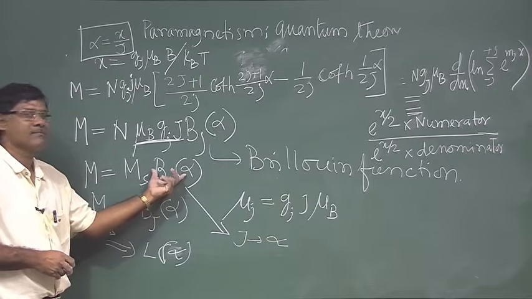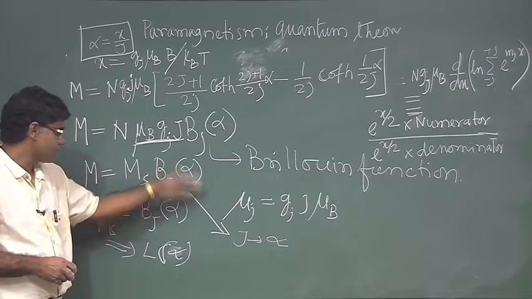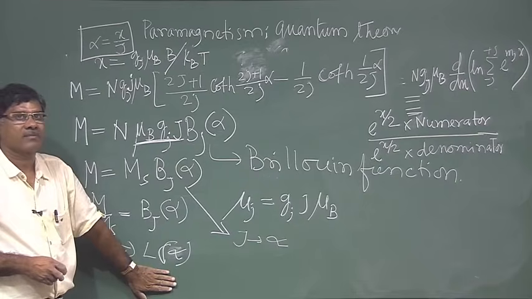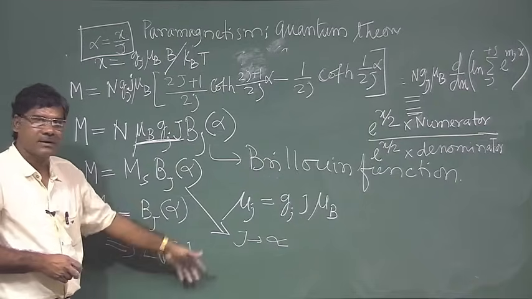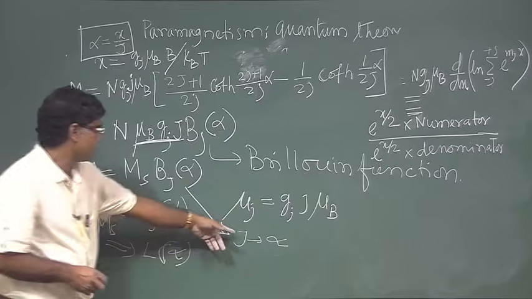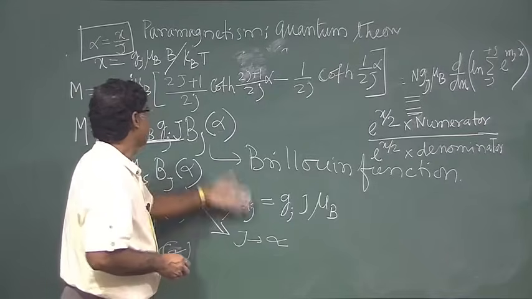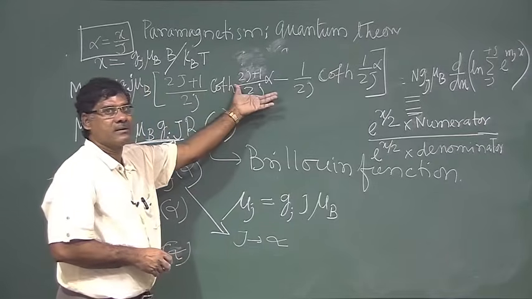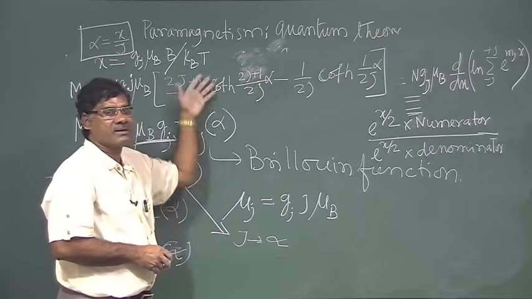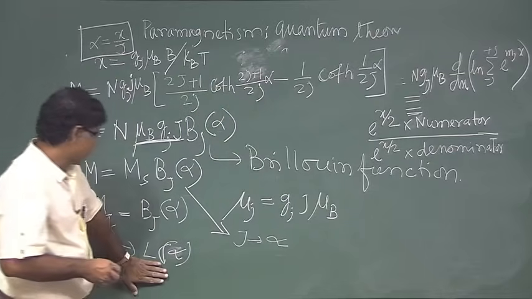From the Brillouin function, it will convert to the Langevin function. Okay. So, you can check that yourself if you take j tends to infinity.